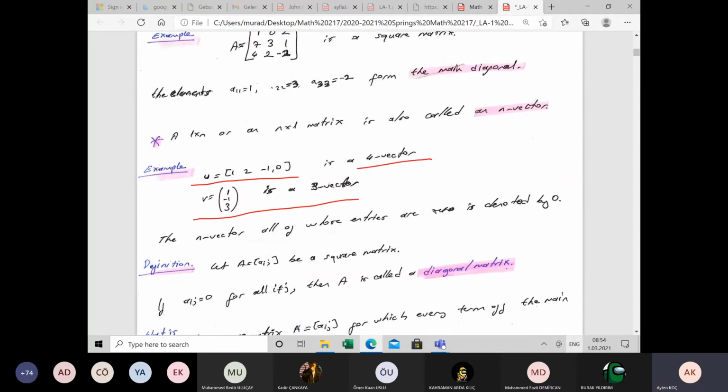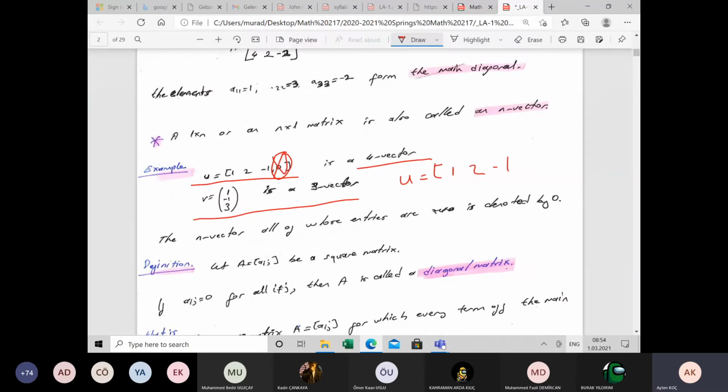Also, some matrices contain zero entries. For example, look at this one. You have to write the zero entry. Let's omit the zero and write u as 1, 2, minus 1.